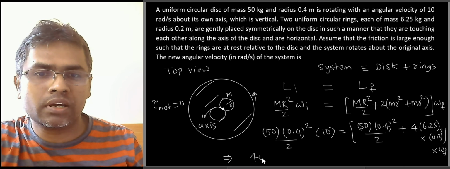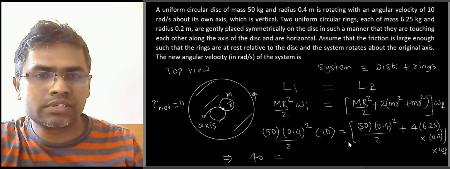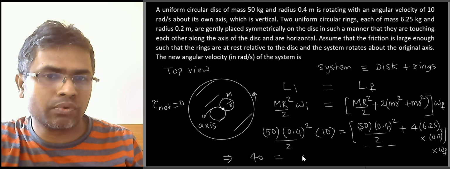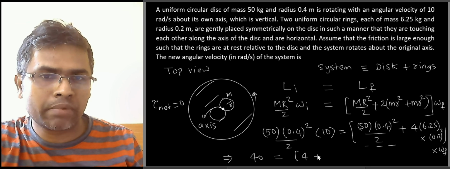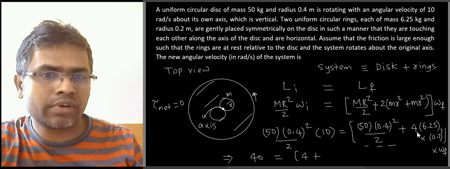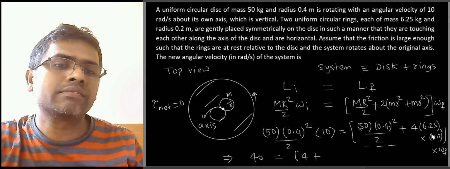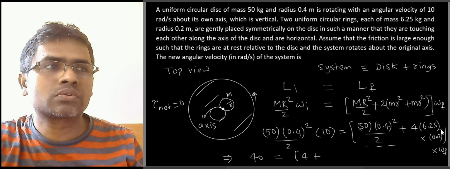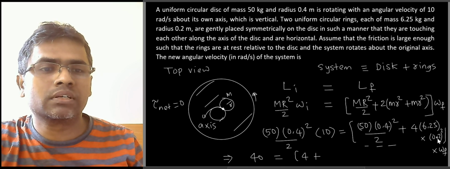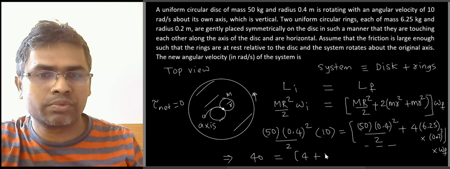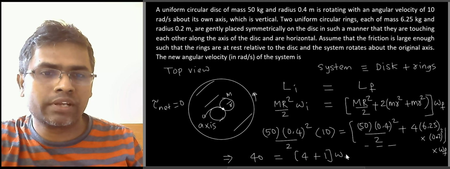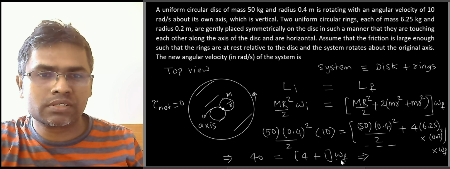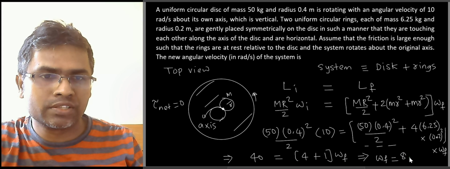We can say this is 40, and on the right hand side, the first term should be 4. 4 plus I think 6.25 times 4 would be 25, and then we have 0.2 square. So I think that would be 0.04 into 25, so that should be into final omega. So I think this is 5 into omega. So final omega should be 8 radians per second.